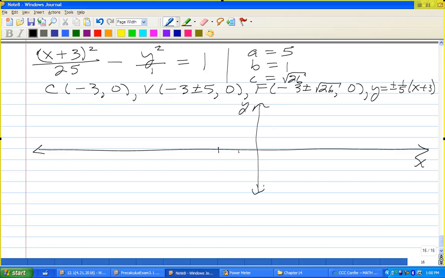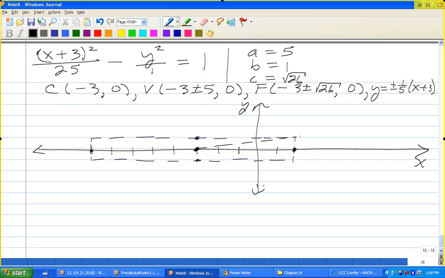So 1, 2, 3 is the center. You go 5 in the x. 1, 2, 3, 4, 5. And you go 1 in the y. Okay, so my bounding rectangle is very flat. Looks something like this.